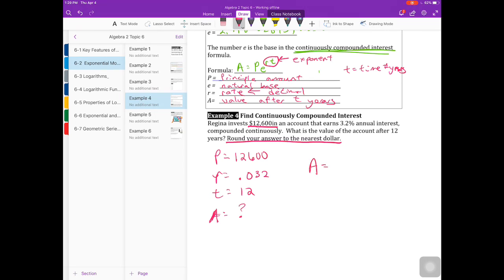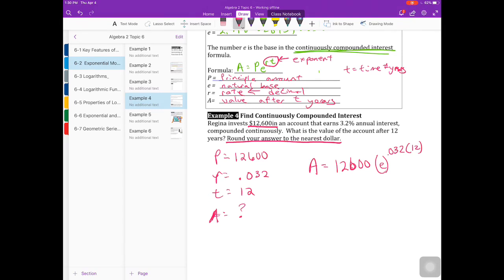So this is a pretty easy one just to plug into a calculator. So we're going to put 12,600 times e to the 0.032 times 12 years.